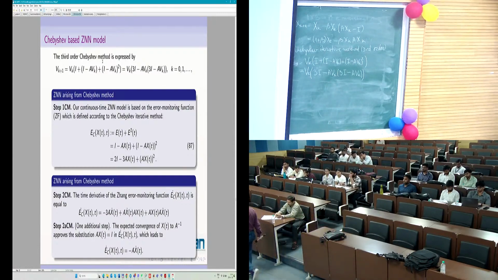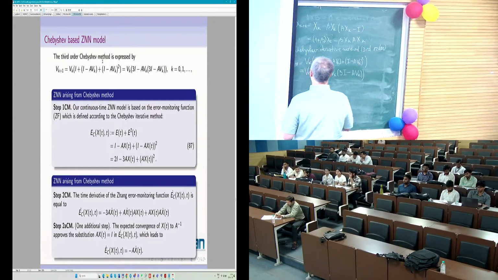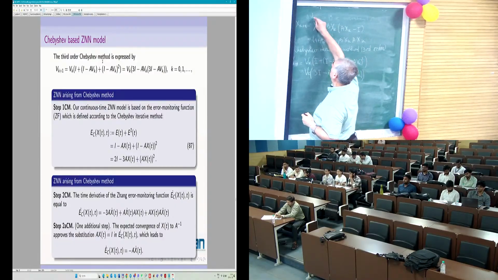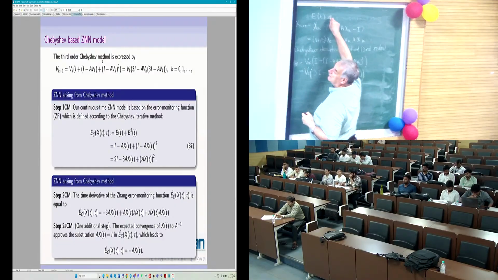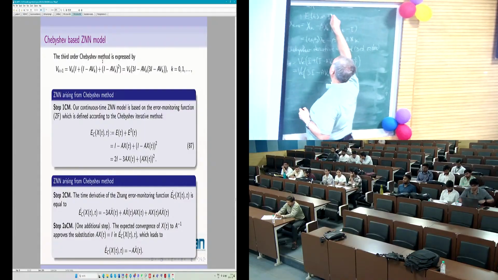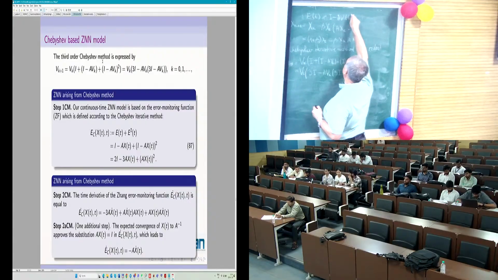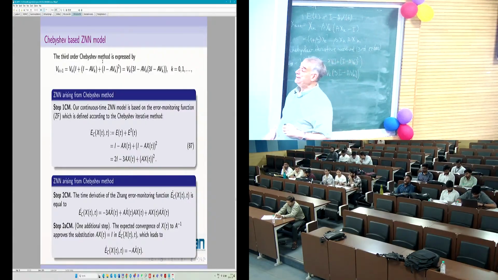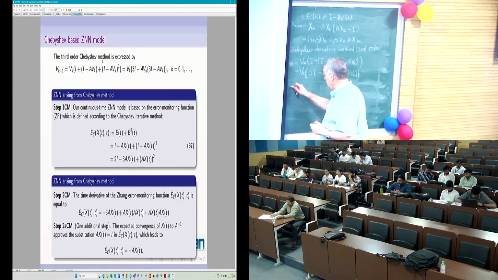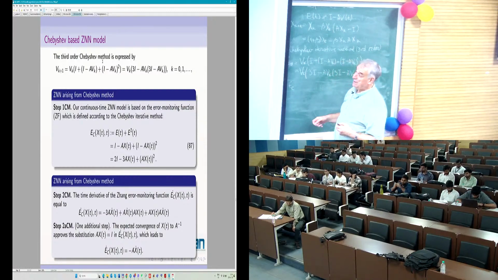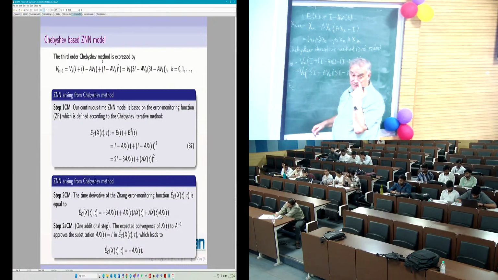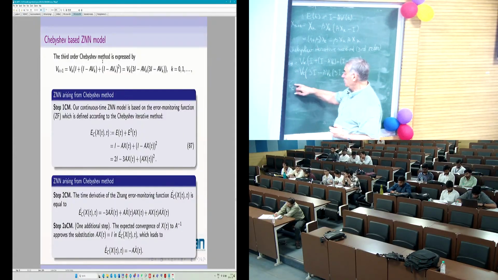Here is our error function. Don't forget, our well-known error function is defined as I minus A V(t). The idea was to define a new error function, E_C, C because of Chebyshev, the error function corresponding to the Chebyshev method of t.